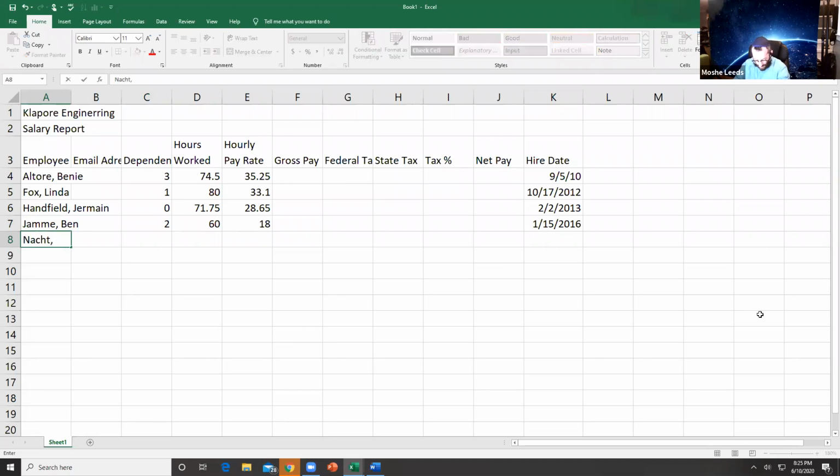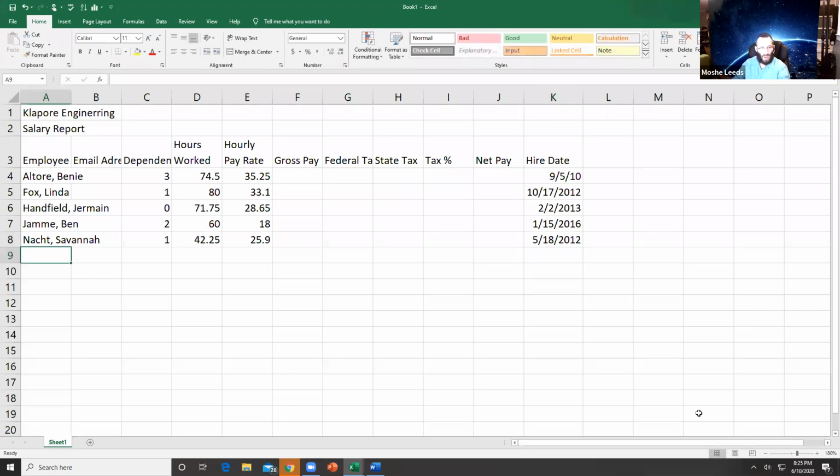I don't know if that's the proper pronunciation. She has 1 dependent. She worked 42.25 hours, and she gets paid $25.90 an hour and was hired 5/18/12.